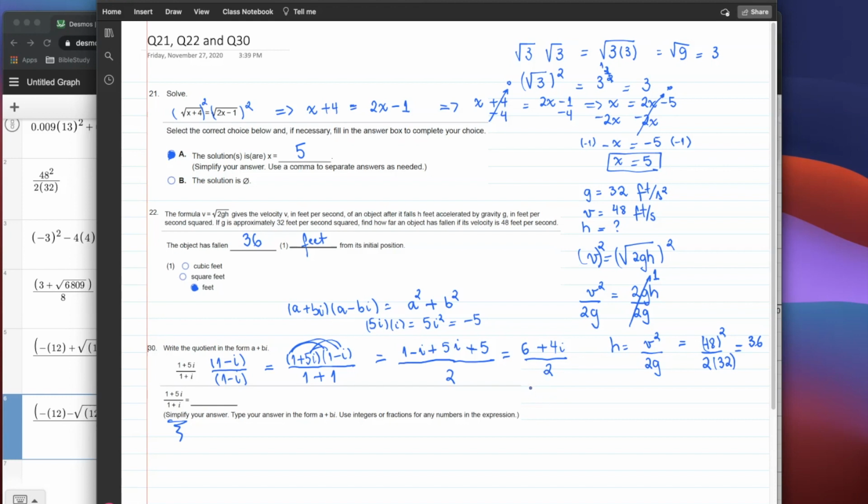So the real part is 6 over 2, and the imaginary part is 4 over 2i. And I can simplify. 6 divided by 2 is 3, and 4 divided by 2 is 2. My final answer for this division of two complex numbers is the complex number 3 plus 2i.